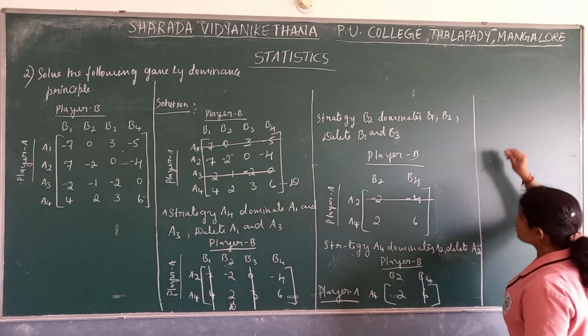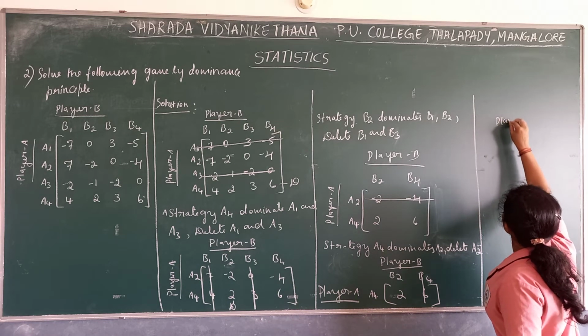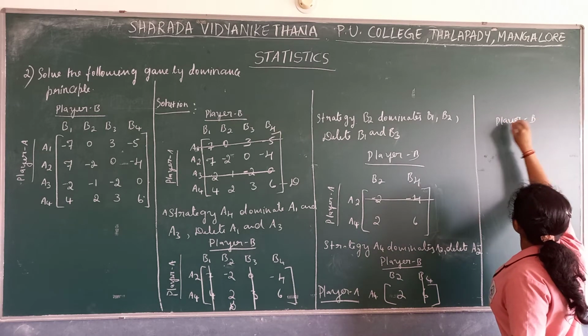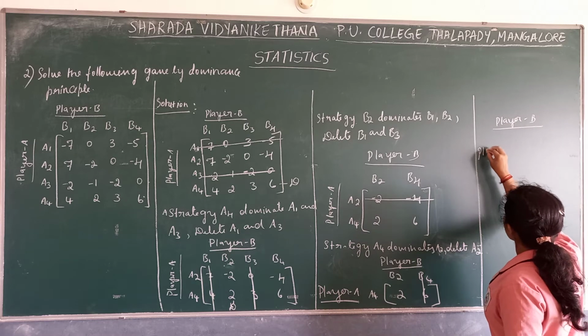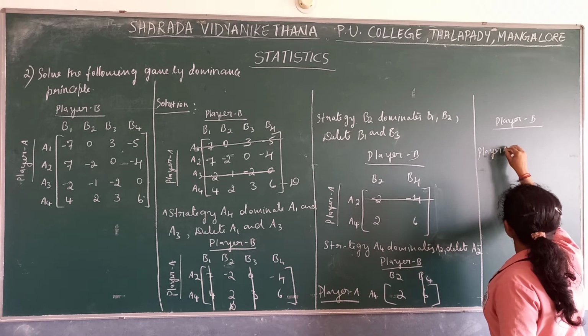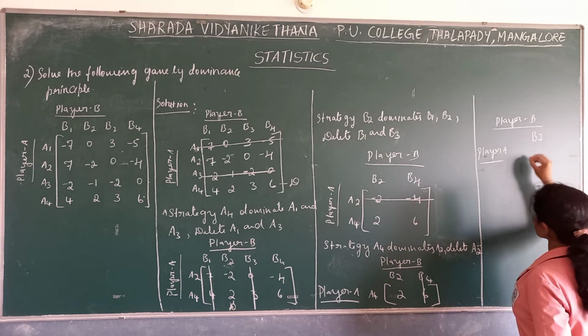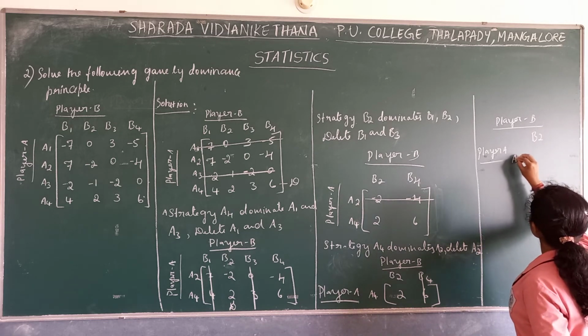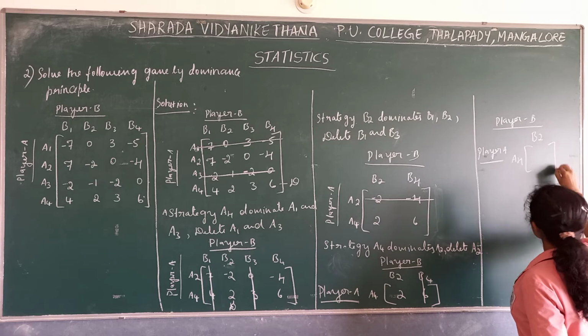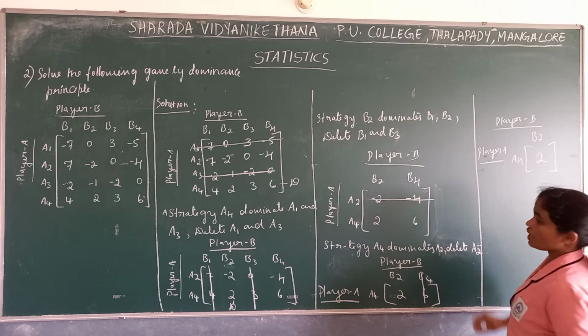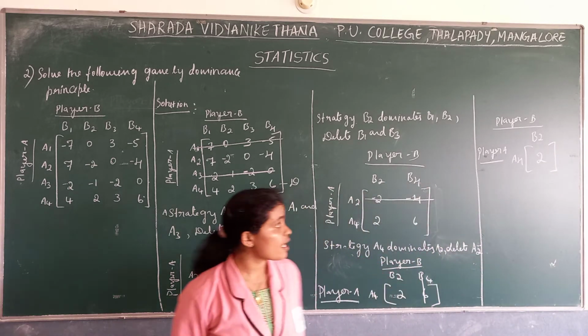Player B, strategy B2, player A, strategy A4, with the value 2. The value 2 will remain at the end.